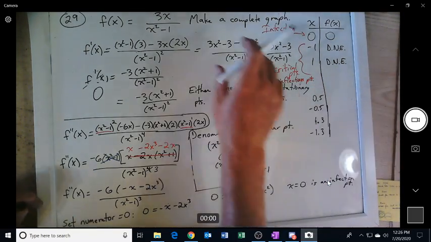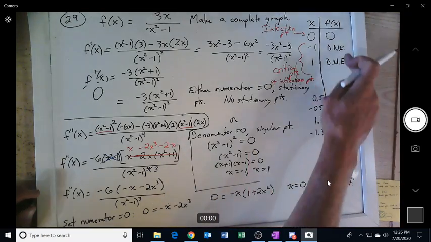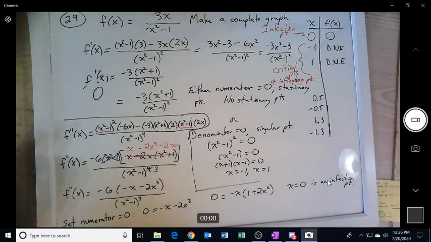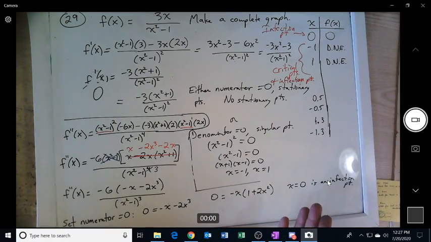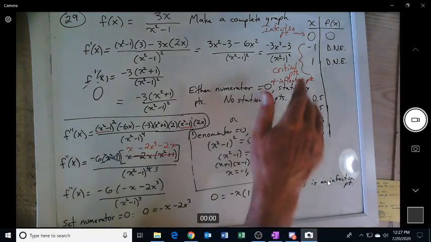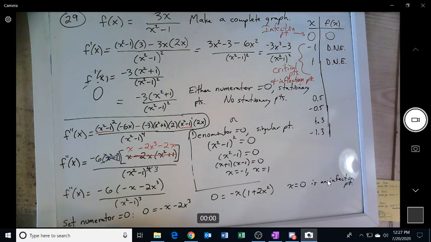A few things that I would plug in, and I'd make my vertical asymptotes, and then I'd have to make my regions of concavity, and also regions of increasing and decreasing, and then put this all together to make a complete graph.